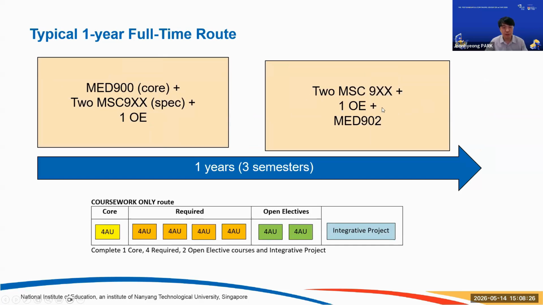In the other semester, you can complete the remaining 2 required courses and 1 elective course, and MED 902, which is the integrated project. So typically it takes 2 semesters, but if necessary, you can consider extending.